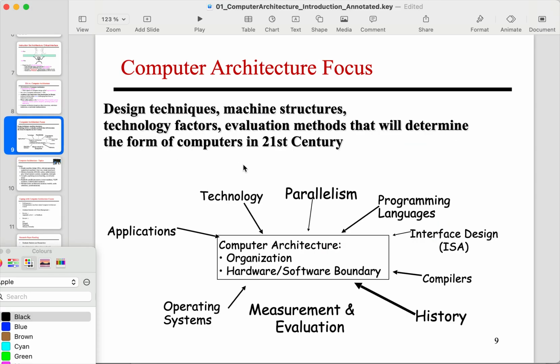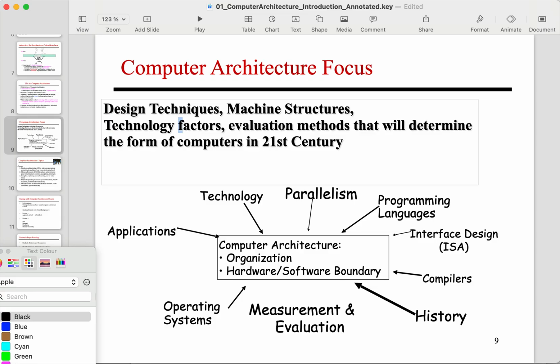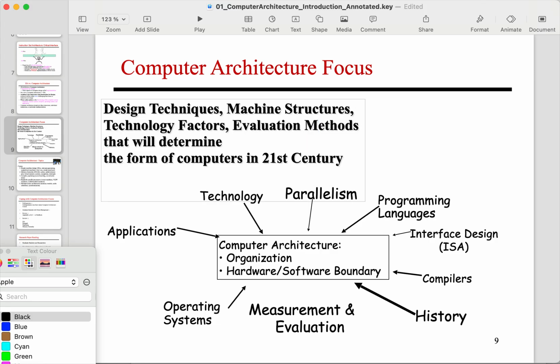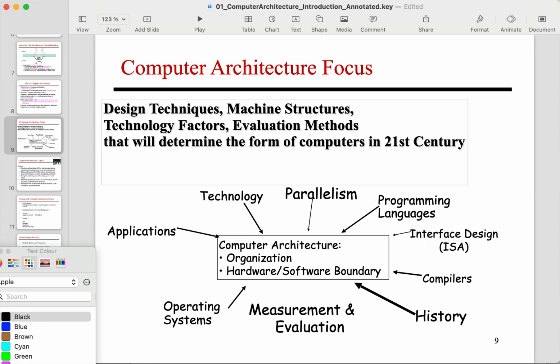So the computer architecture would focus on design techniques, machine structures, technology factors, evaluation methods, and all of these things would determine the new computers that are coming up in the coming century.